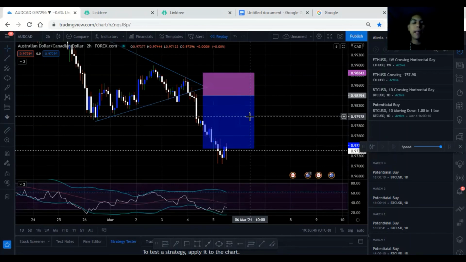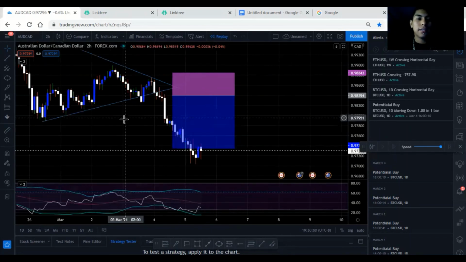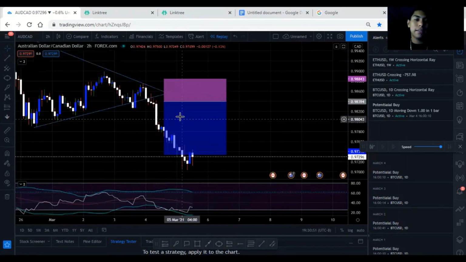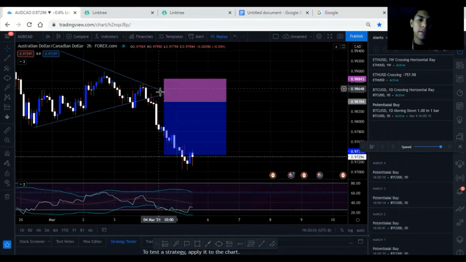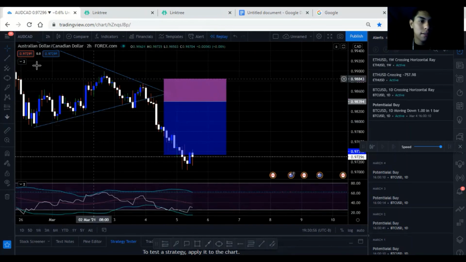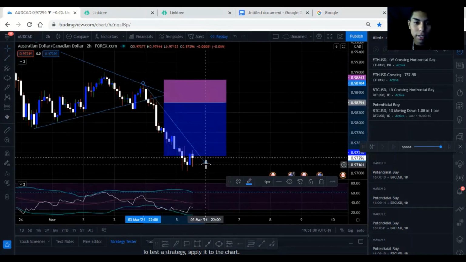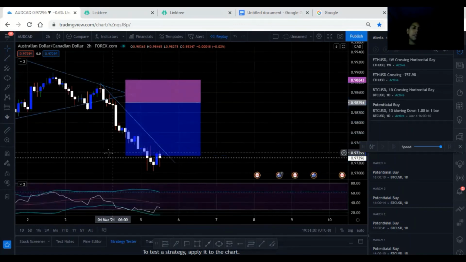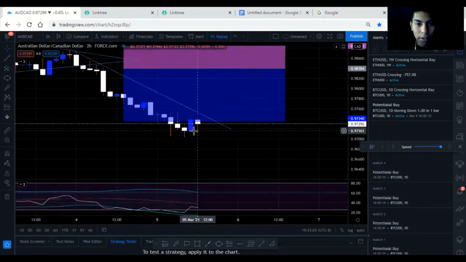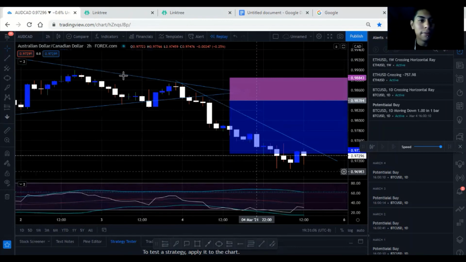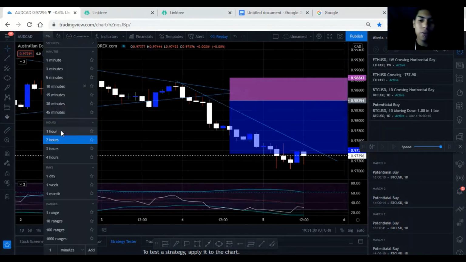So this is technically how you do your trend lines, guys. In this scenario over here, you could draw another trend line right there. You break it down to the 1 hour.